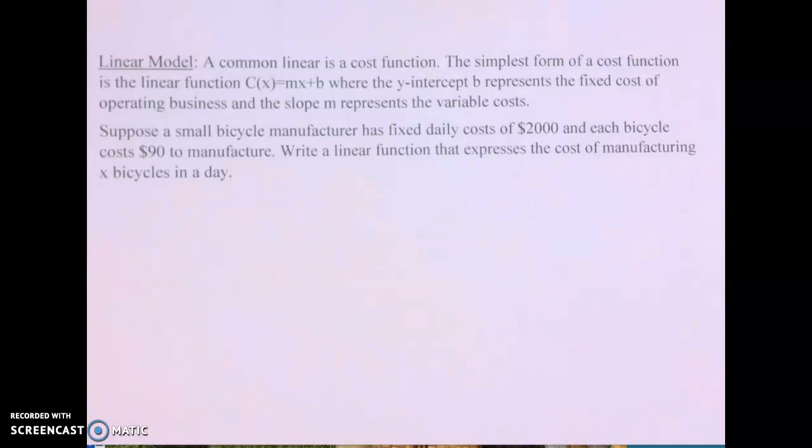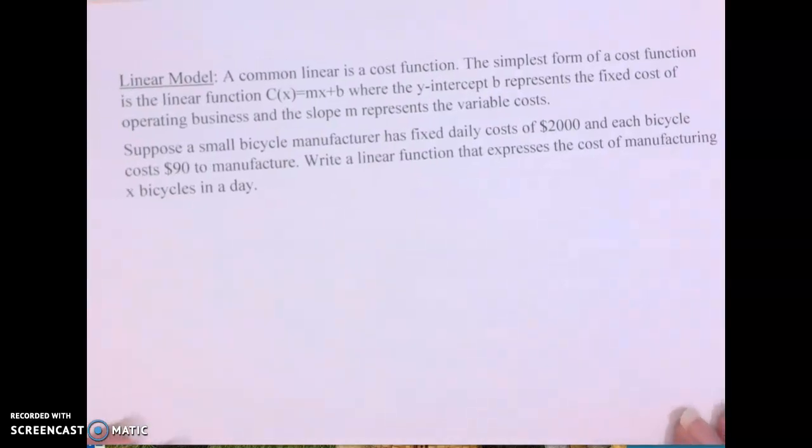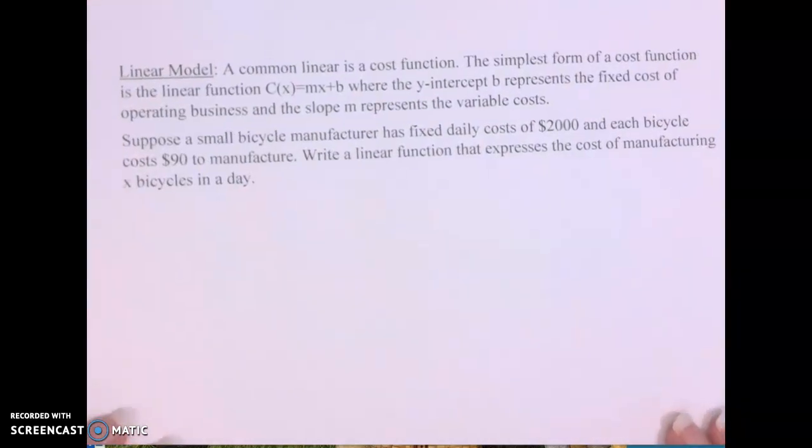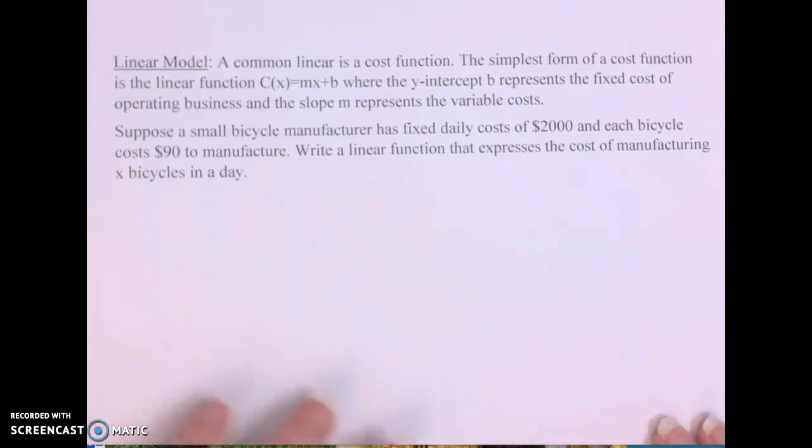So this problem is going to ask us to write a linear function that will model the cost of manufacturing bicycles. And I added an explanatory note at the beginning to give you an idea of what a linear model is. So this is a common linear model that we call the cost function.